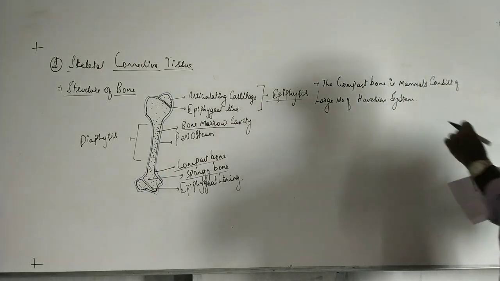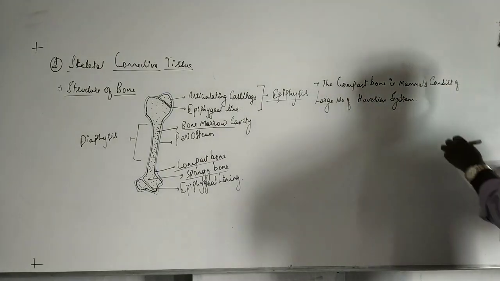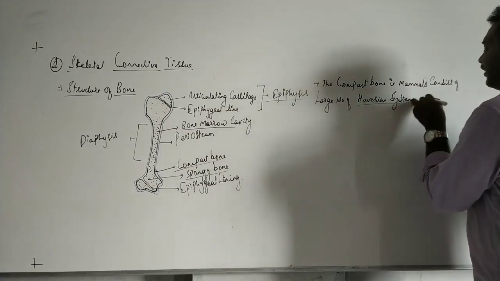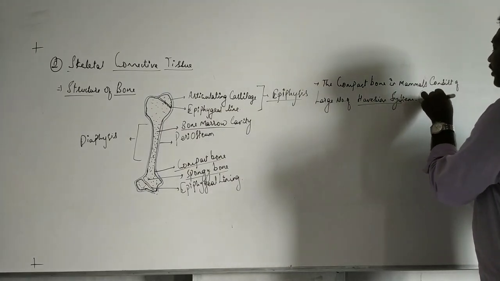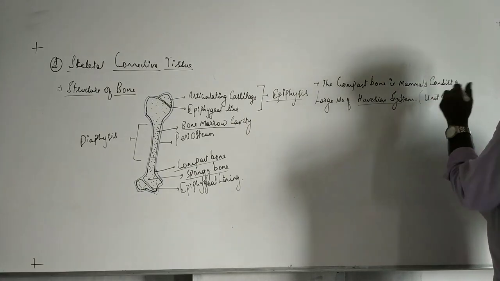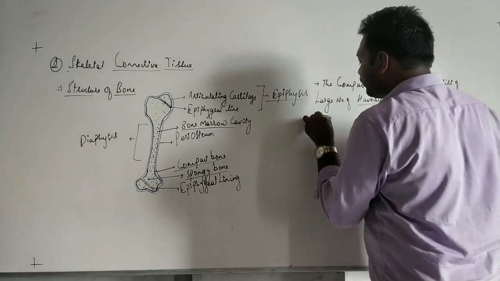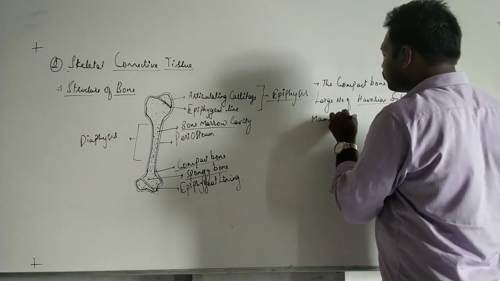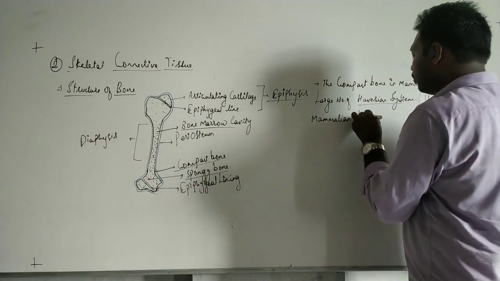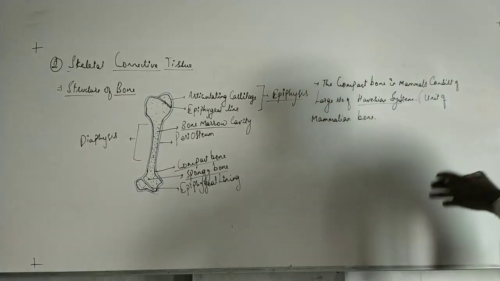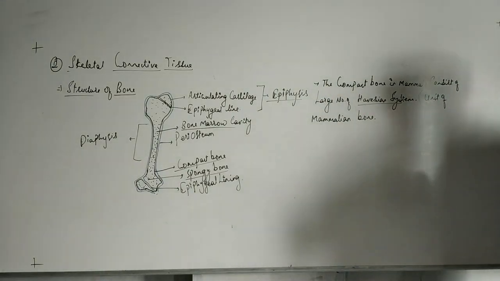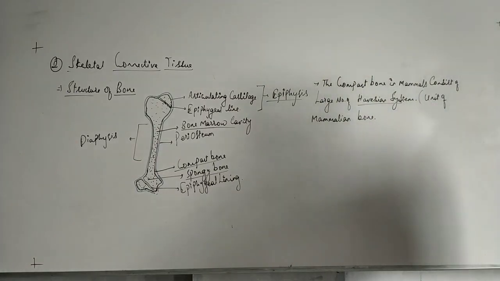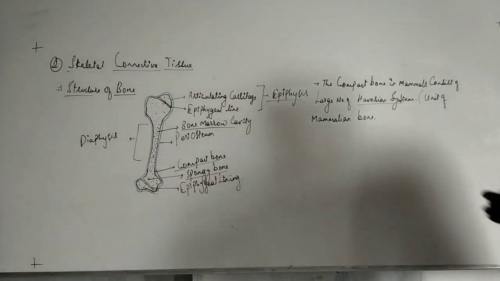Now, what is meant by Haversian system? The Haversian system is the unit of mammalian bone. So the compact bone in mammals consists of a large number of Haversian systems, and this is the unit of mammalian bone.